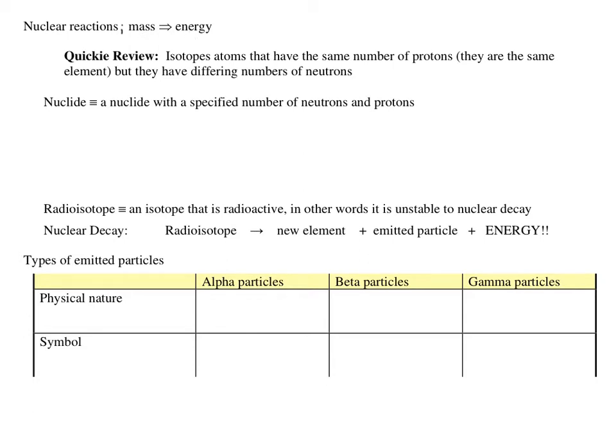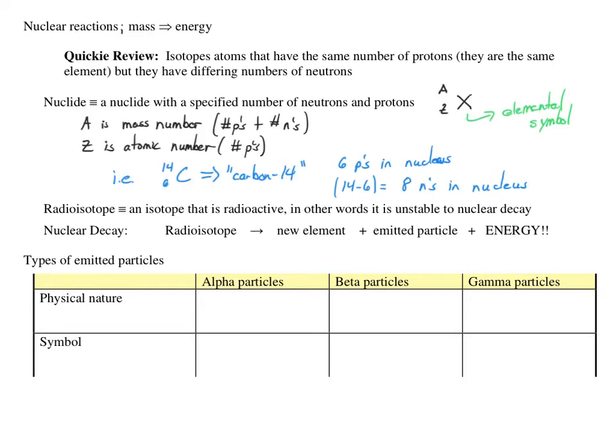Let's review quickly isotopes. Isotopes are atoms that have the same number of protons, therefore they're going to be the same element, because an element is defined by the number of protons in its nucleus. However, isotopes have different numbers of neutrons. We can represent specific nuclides by the following notation.